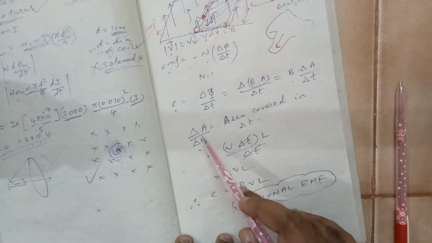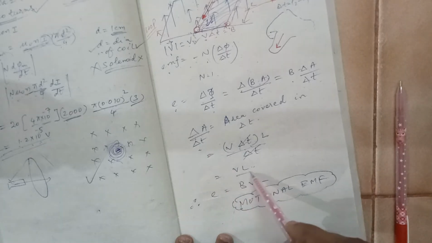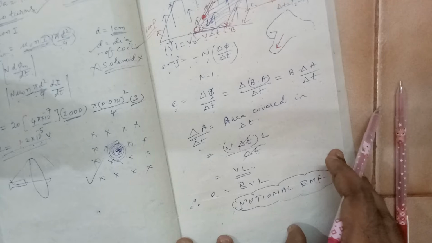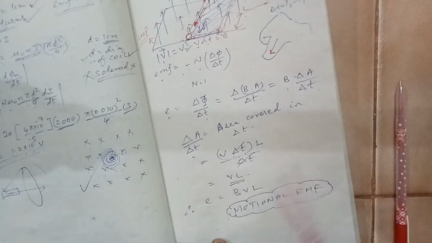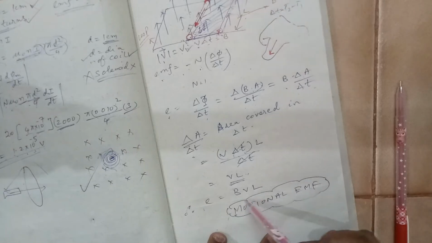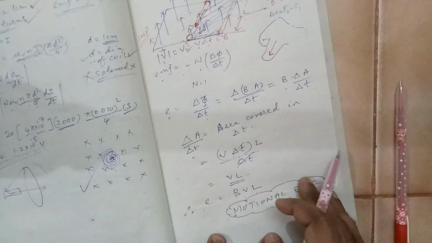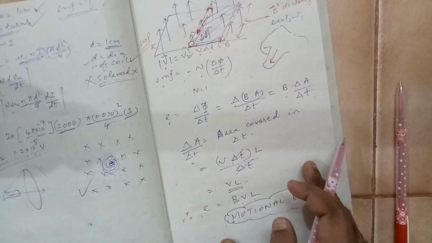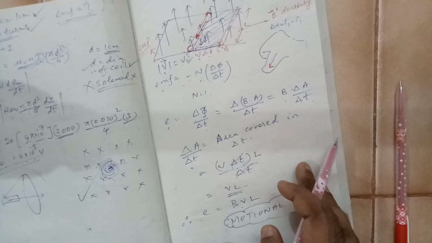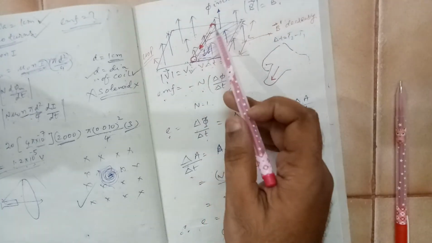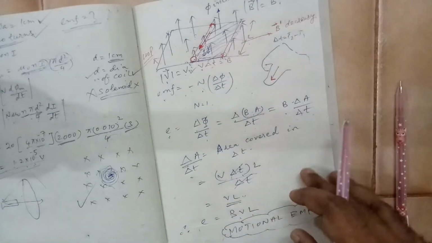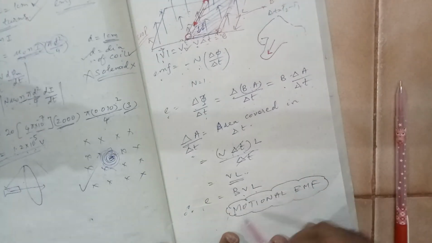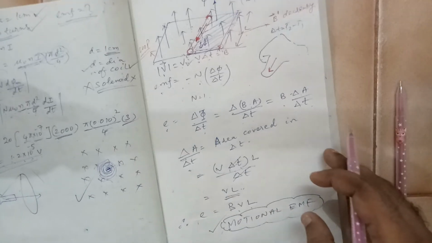We are left with delta A by delta t is equal to v multiplied by L. v is velocity, L is the length of the cylinder. So therefore my E is equal to BvL. So in this concept, there is an EMF induced because of motion of the cylinder, and this is leading to change in area. This concept is called motional EMF.